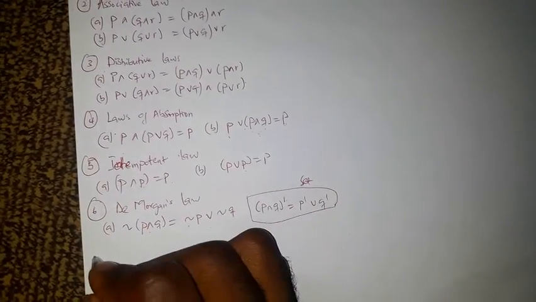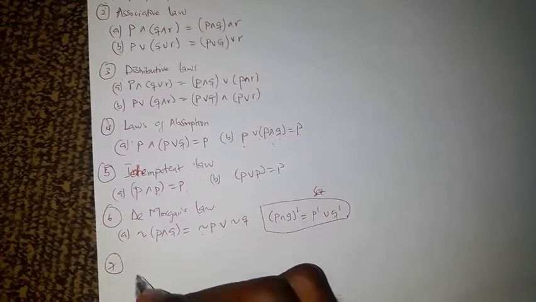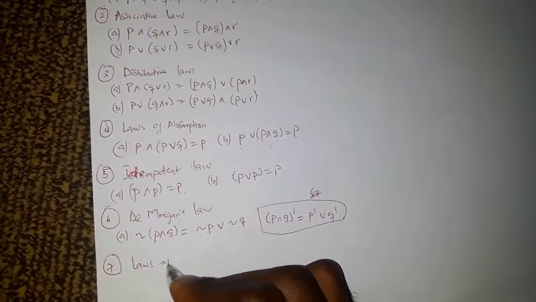Then number 7, we have the law of contrapositivity.